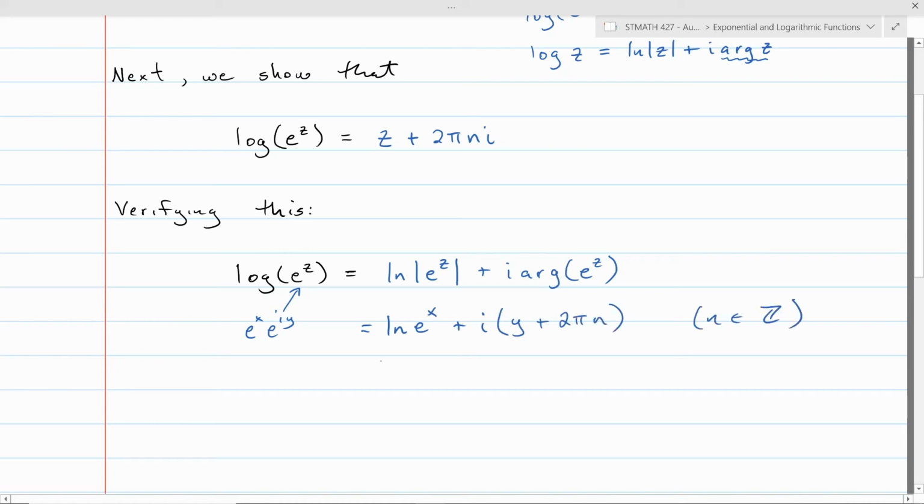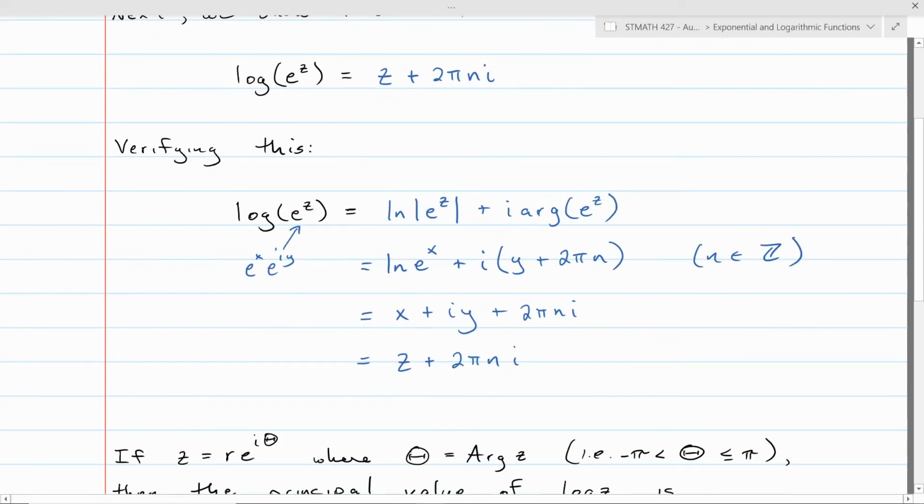Then the natural log of e to the x, we're just talking about real numbered stuff here, is equal to x, as we verified a little bit ago, plus i y plus 2 pi n times i. The x plus the iy is just z, and then the 2 pi n i, well, that's just what we said we were supposed to have. So that verifies what we were claiming earlier. So that's the same as that identity there.